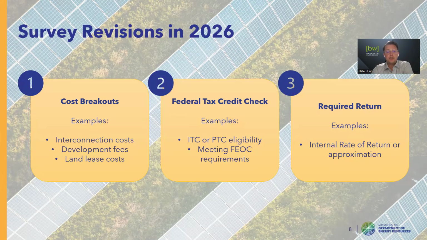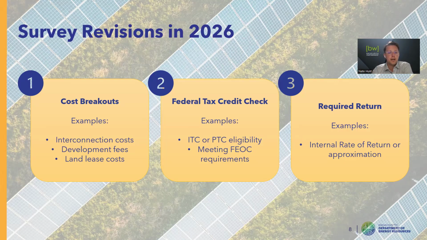After the survey last year, we wanted to make sure that the data points we were collecting were very clear in what we were asking for, that we were asking for the full range of project costs that are relevant to the end result here. And so we made these three main revisions to the survey this year.